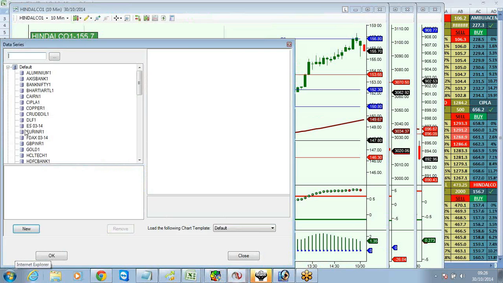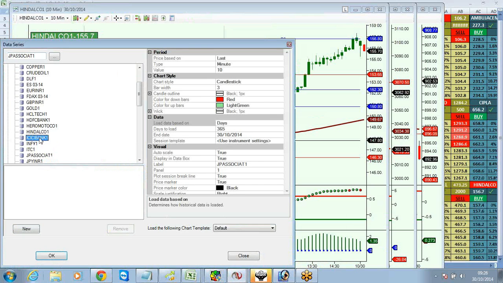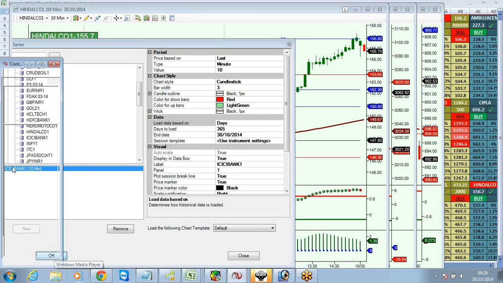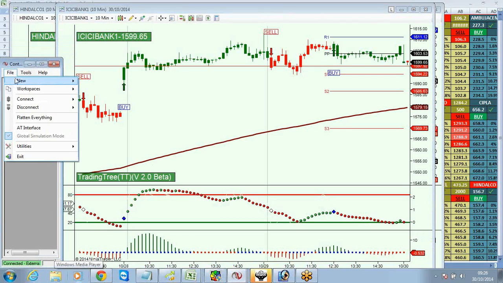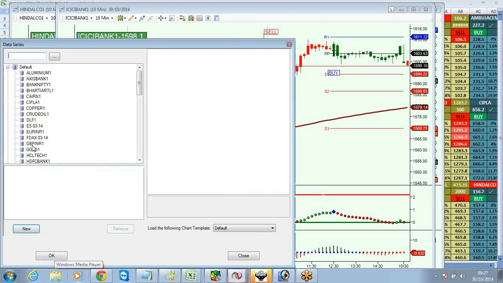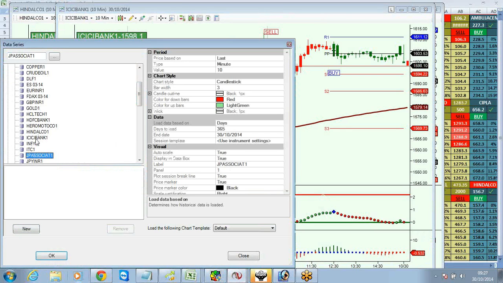Hindalco, we had a very good buy call yesterday. Hindalco, Tata Steel, Tata Motors, and we did have HDFC, which was a sell call. Very good calls.